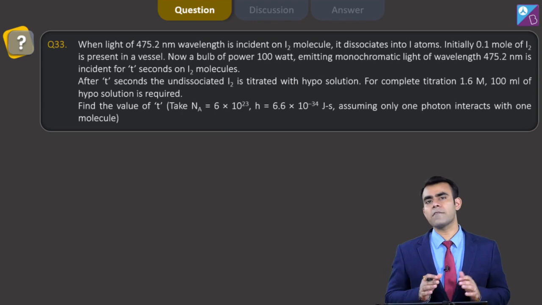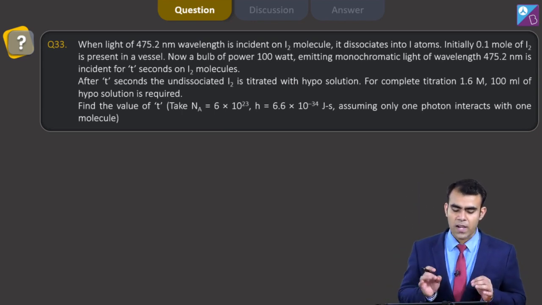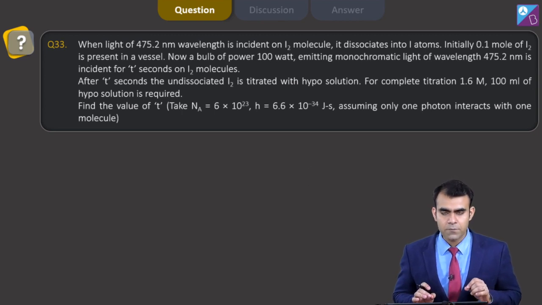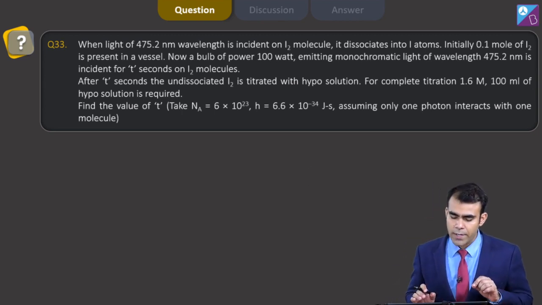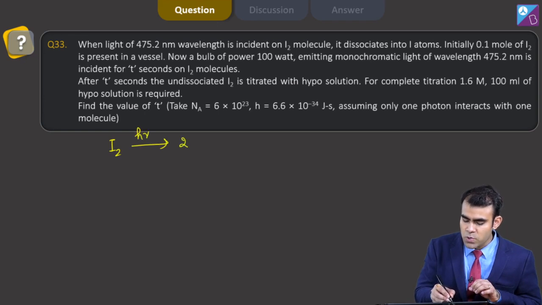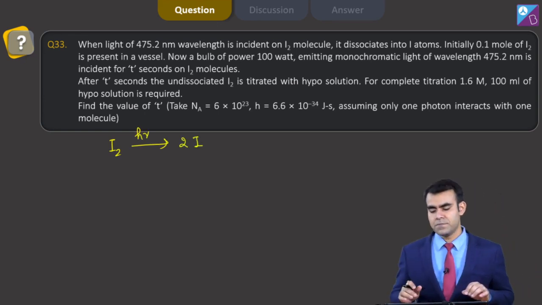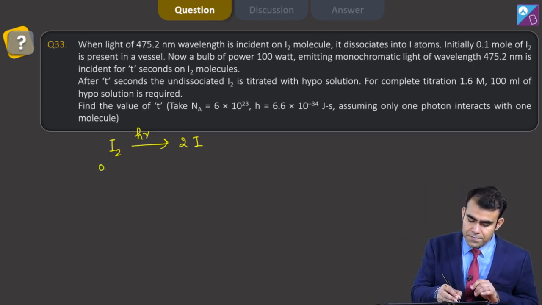Now here we have question number 33. This question says when light of 475.2 nanometer wavelength is incident on I2 molecule, it dissociates into I atoms. That is, when light falls, this I2 dissociates into I. Initially 0.1 mole of I2 is present.